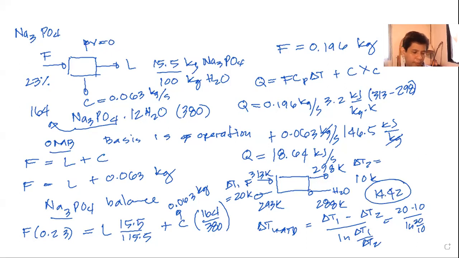Okay, very good, Paolo. 14.43, pala. Okay, so let's go to the next page. So gagamitin natin yung equation na Q is equals to U times A times delta T LMTD.